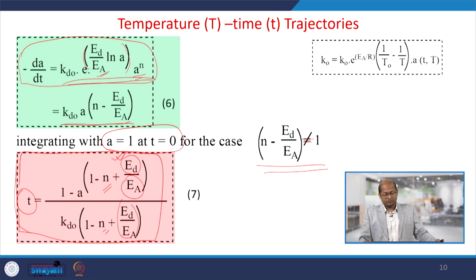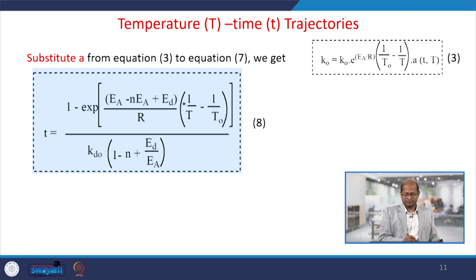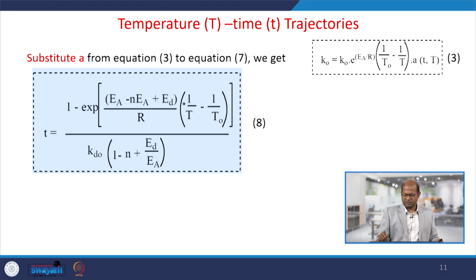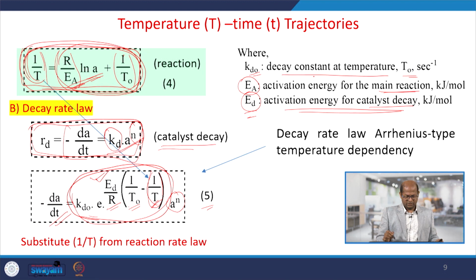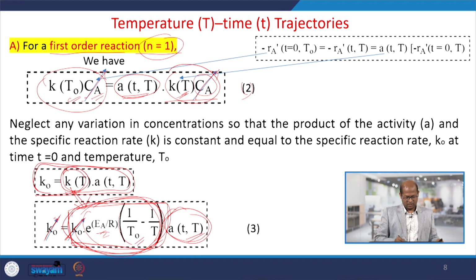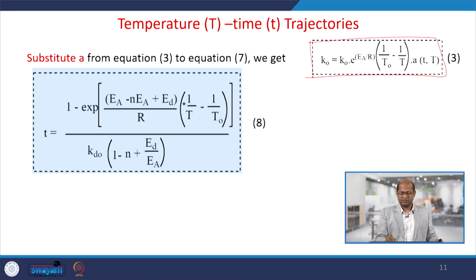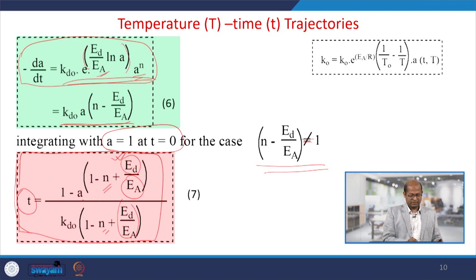Now we substitute the activity, equation 3 that we have discussed here. If we take the activity terms to the left hand side, the K0 part we can eliminate, and this part we are substituting here.